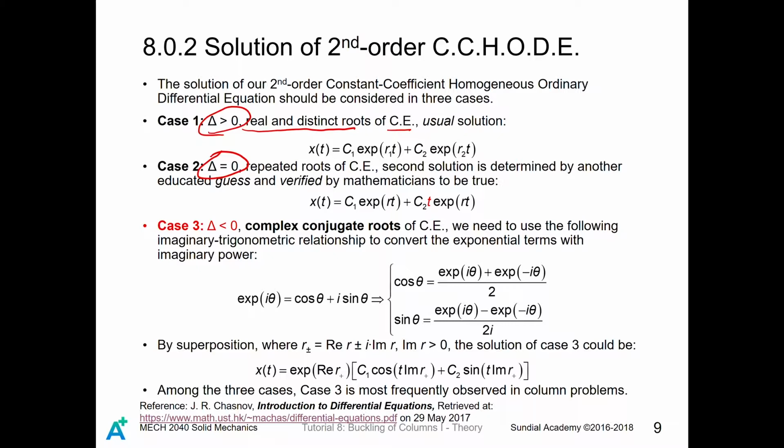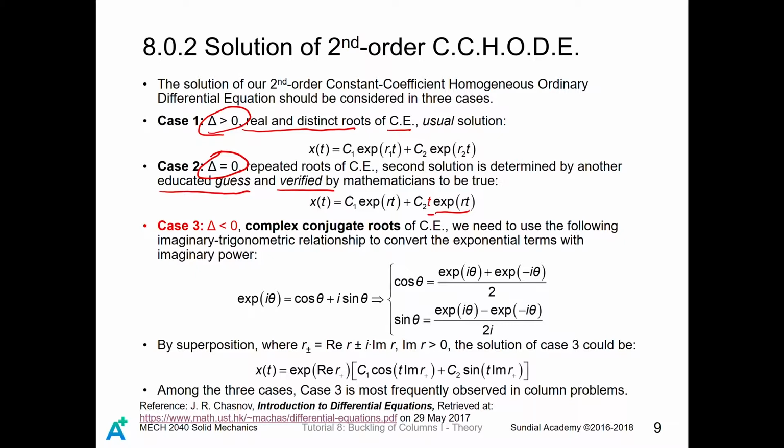By educated guess, which is verified by mathematicians, the second solution is simply t times exponential rt. So the solution when delta equals 0 is C1 e to the power rt plus C2 t times e to the power rt.